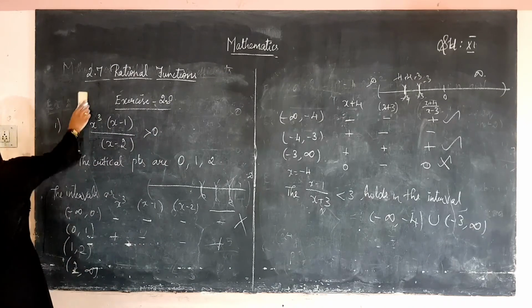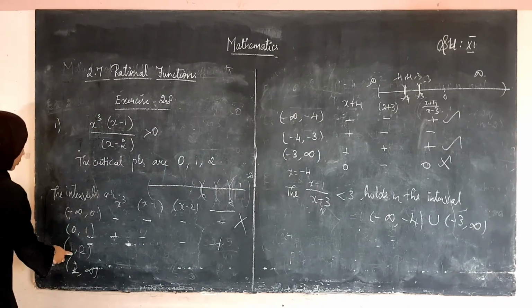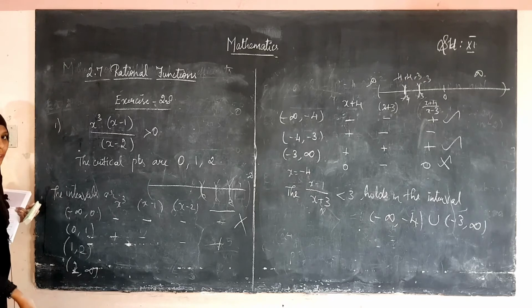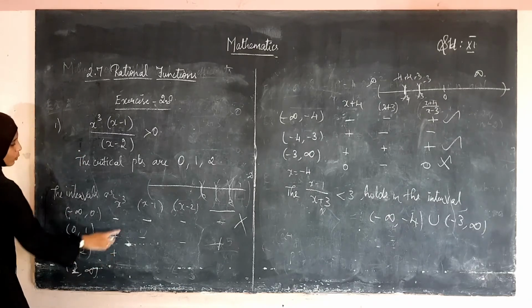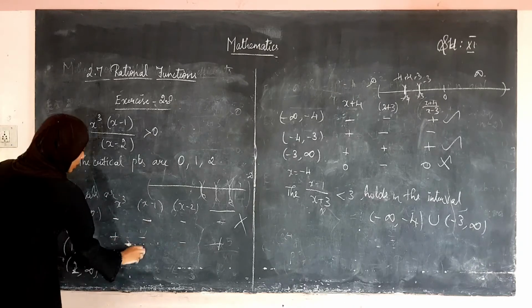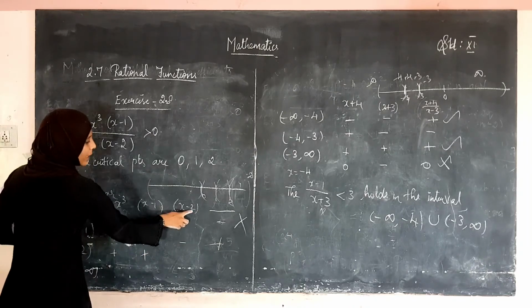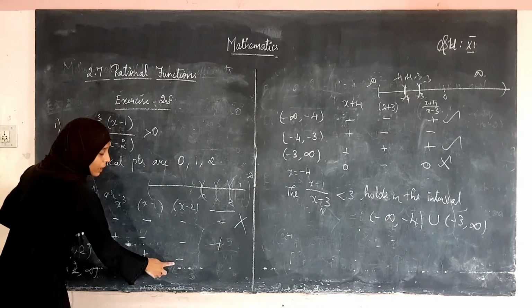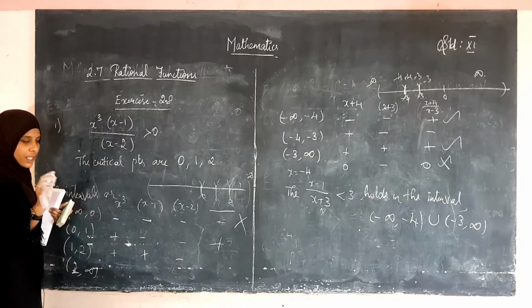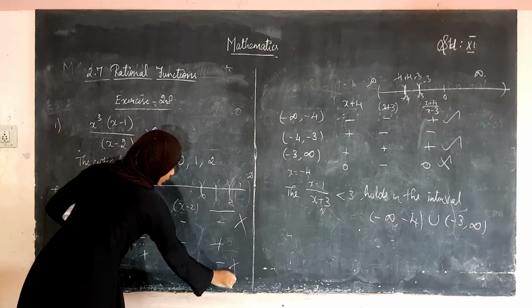Then the next interval 1 to 2, shall we take 1.5? x cube is plus, 1.5 minus 1 is also plus, 1.5 minus 2 is negative. So in the numerator we have plus and the denominator we have minus. Plus divided by minus is again minus. This is also not possible.